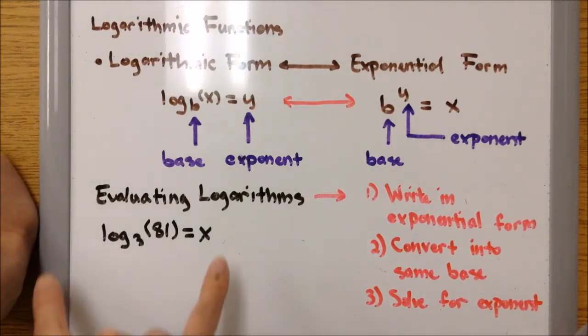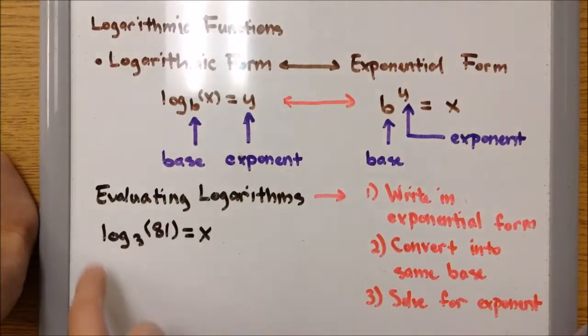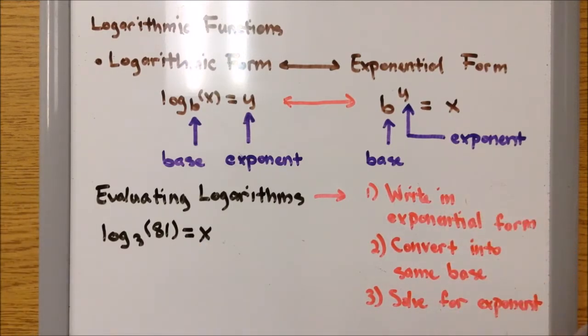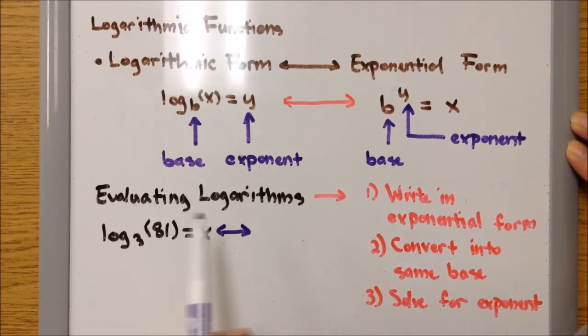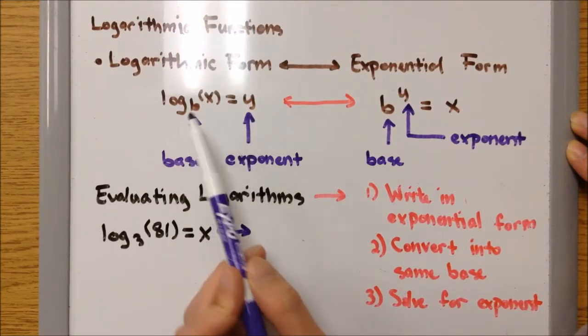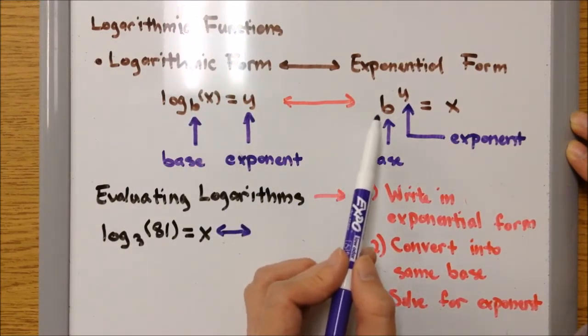So, we're going to use this concept for evaluating logarithms, or logs. Our first example is log base 3 of 81 equal to x. Here are the 3 steps on how to evaluate logs. Our first step is writing in exponential form. The reason for these 2 arrows is that you can go from log form to exponential form, and the same thing can be done in reverse order.